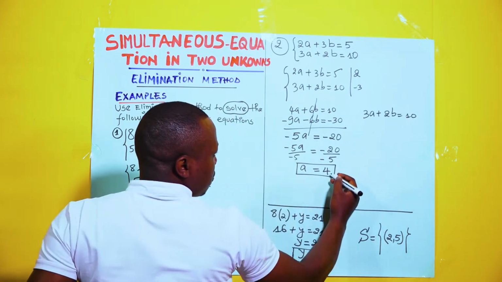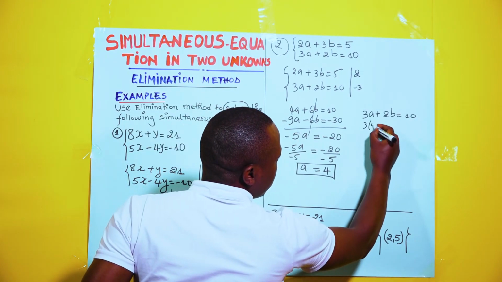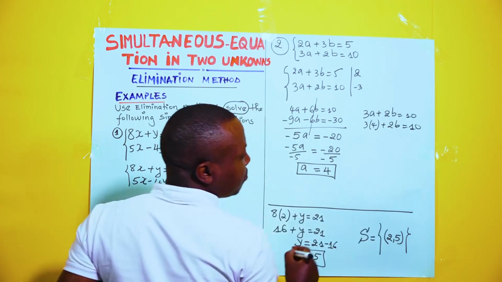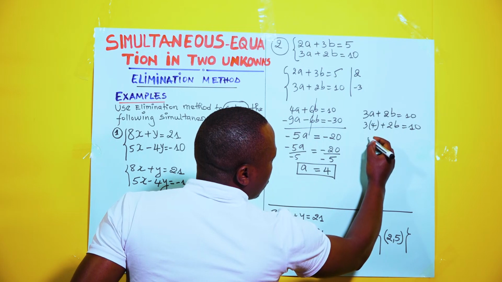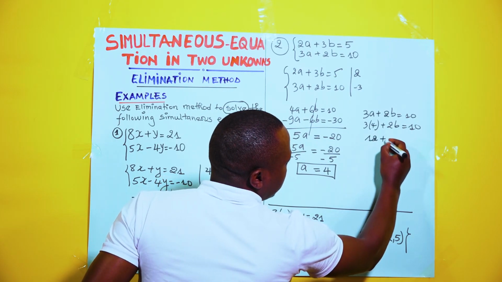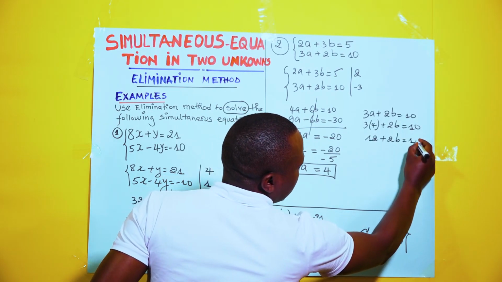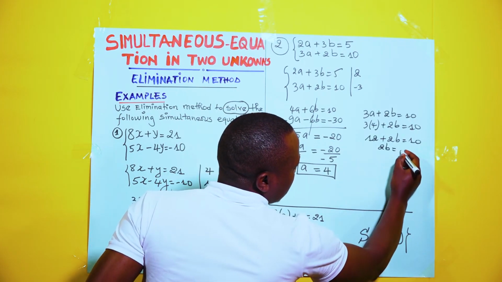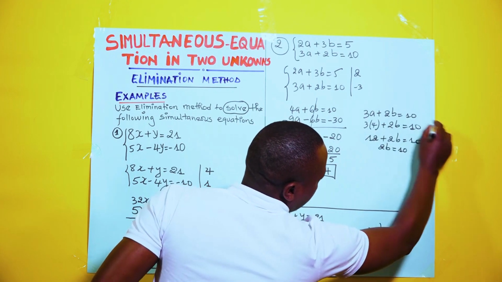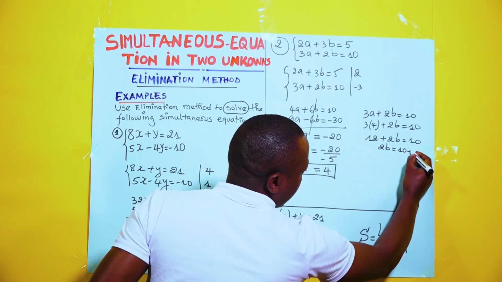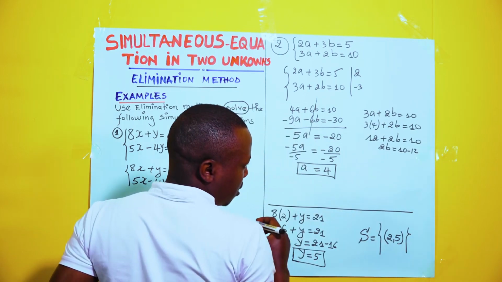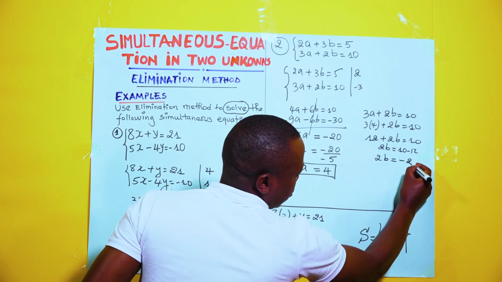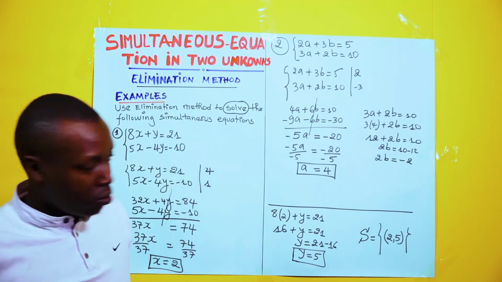We know the value of a is 4, so it is 3 times 4 plus 2b equals 10, right? And then 3 times 4 gives us 12, and plus 2b equals 10. So 2b equals what? Equals 10. Let us take 12 to the other side. It's going to be negative 12, isn't it? So 2b equals what? Equals negative 2. 10 minus 12, it is negative 2, right?